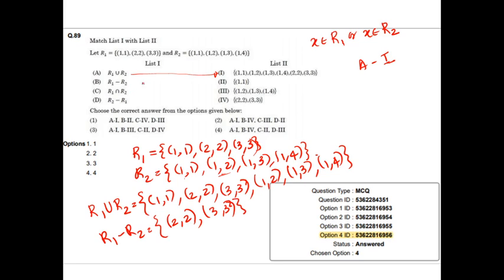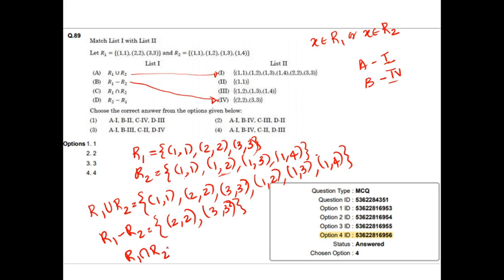We don't care about other elements because we need elements in R1 and not in R2. So for R1 minus R2 the answer is option 4. So B can be combined with 4.